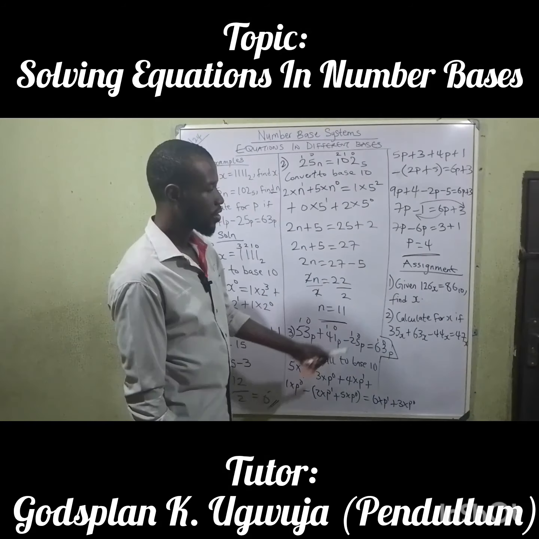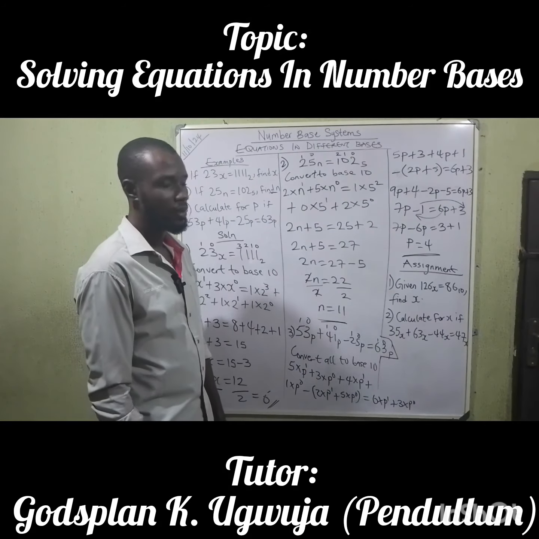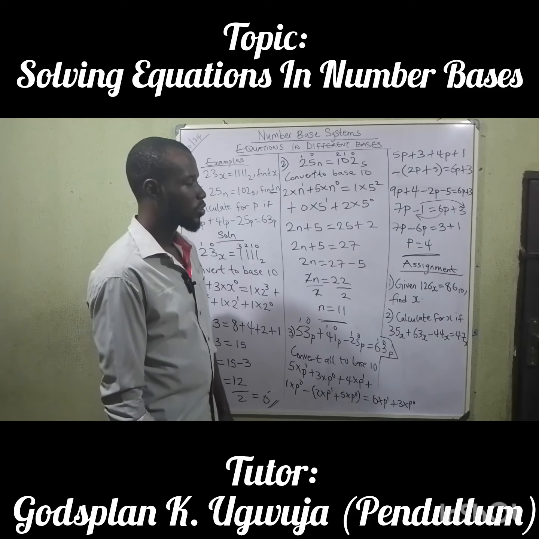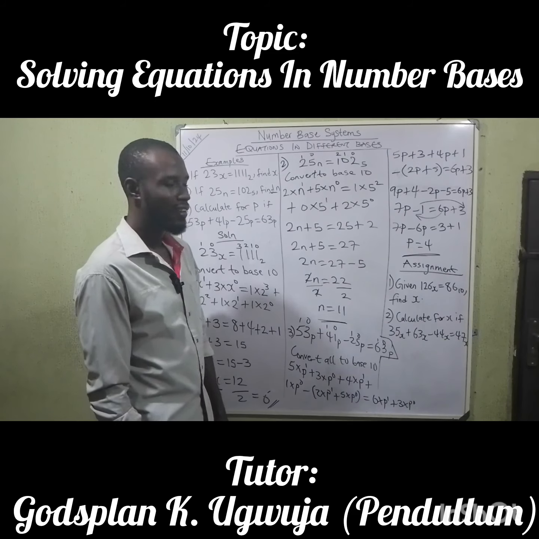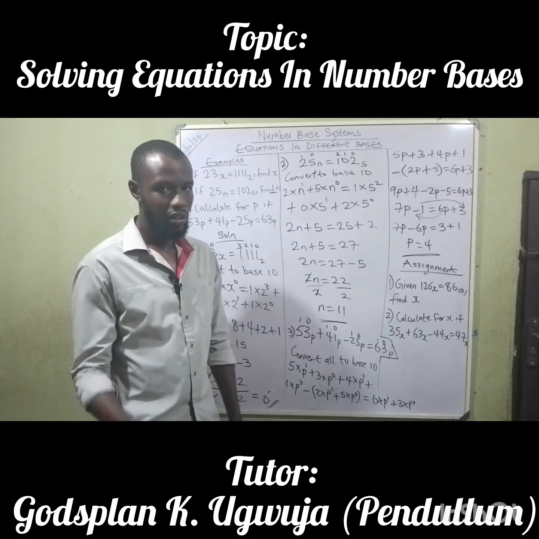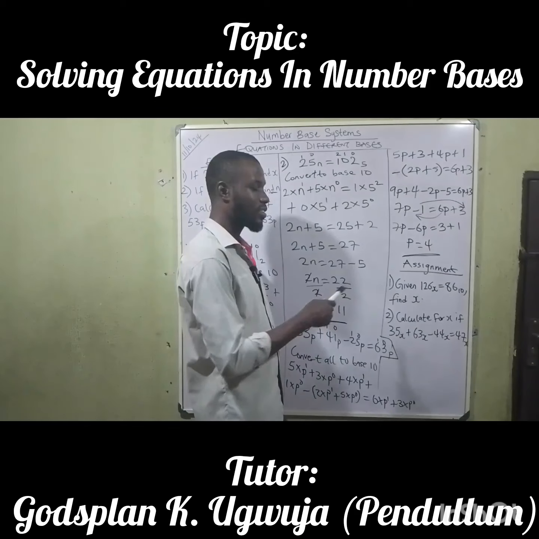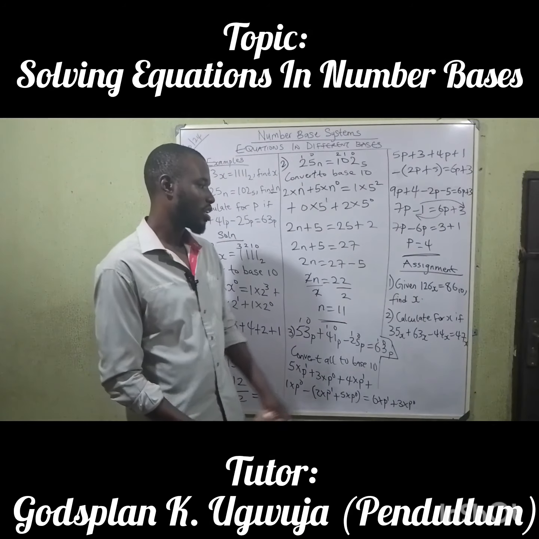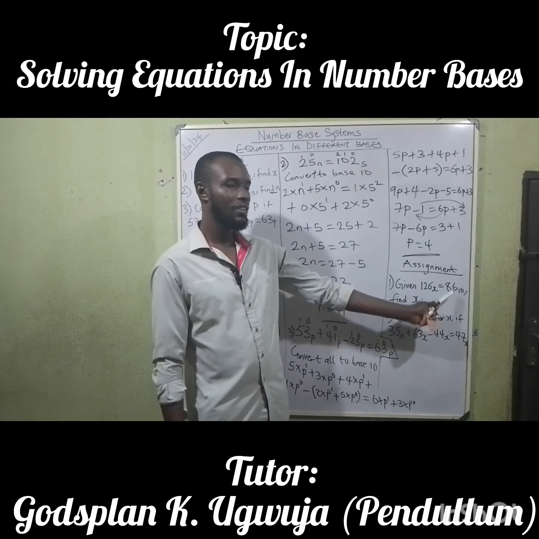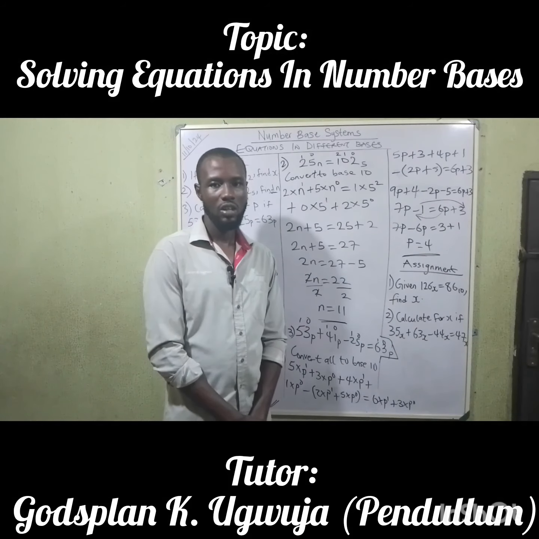Number 1 says if you're given that 126 in base x is equal to 86 in base 10, find x. A little hint: this question is a bit simpler because 86 is already in base 10, so you don't have to do any conversion.